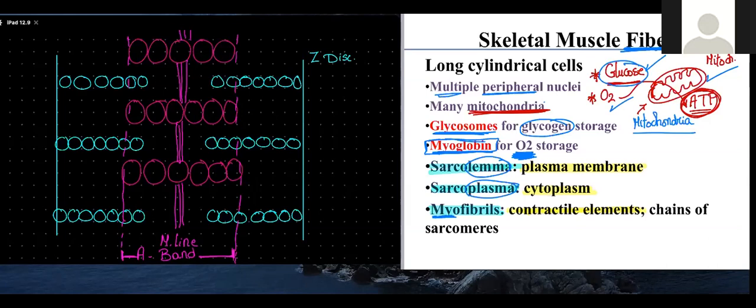On both sides of the A band, you've got parts which will appear lighter in color. They consist only of thin filaments. So we're going to call those my light bands or my I bands.